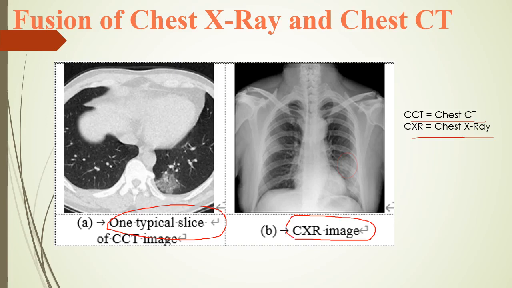That means we have two inputs: one input will receive the chest CT image, and the other will receive the chest X-ray image. We hope we can develop an end-to-end model that can fuse the features of both sources of images, and we would like to check whether this kind of fusion can obtain better performance.